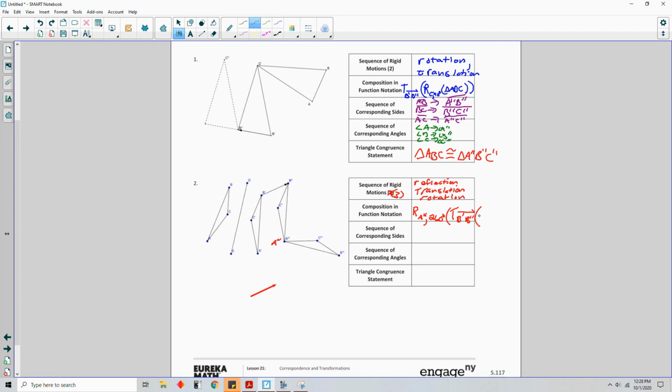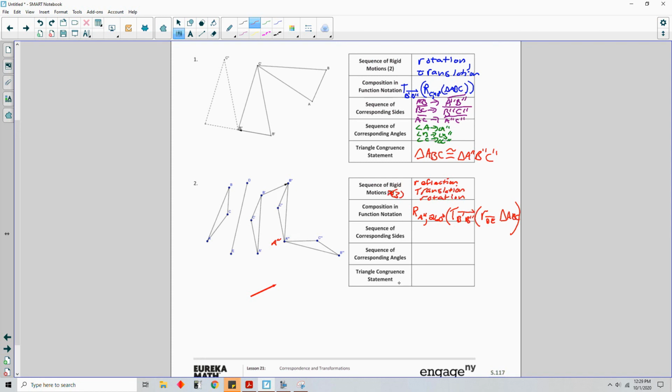What do we use for reflection? It's a lowercase r. Capital R is rotation, lower r, reflection. We reflected across segment DE. And what did we reflect across it? Triangle A, B, C. So there it is.